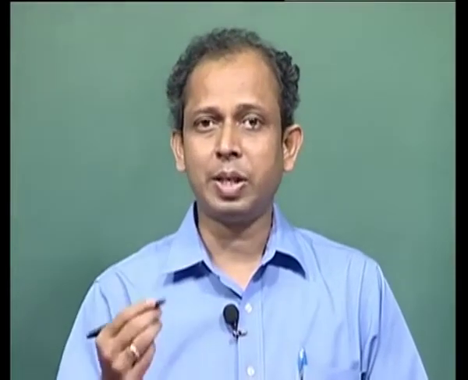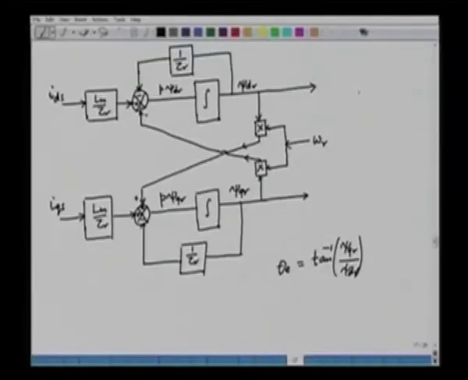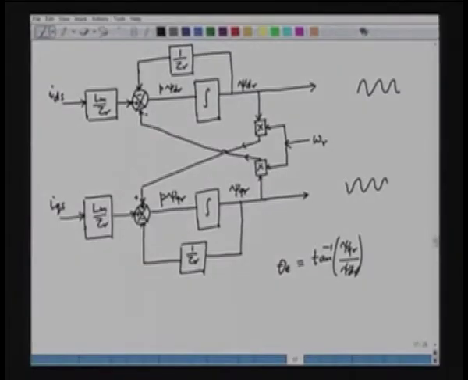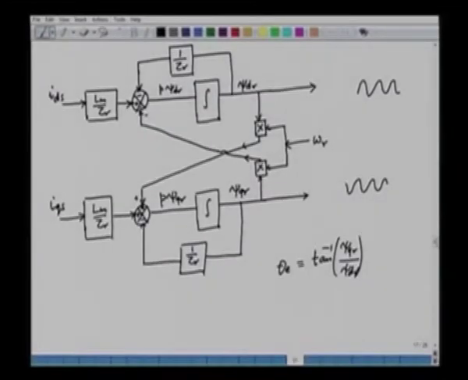These fluxes will be alternating in nature. They will be a function of time. This flux is also varying with time, and this flux is also varying with time. So you know that these two fluxes are functions of time. And if you take tan inverse of this, you will get the information about the flux angle, the angle of the flux vector.